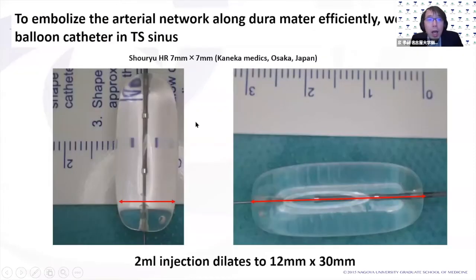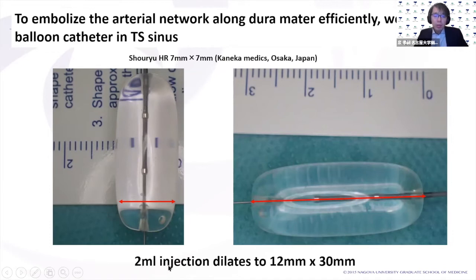To embolize the arterial network along the dura mater efficiently, we use a balloon catheter in the transverse sinus. Here, the Japanese balloon catheter shown is 7 mm by 7 mm, smaller than the sinus. But in Japan, a large caliber soft balloon catheter is not available. So we use this balloon.